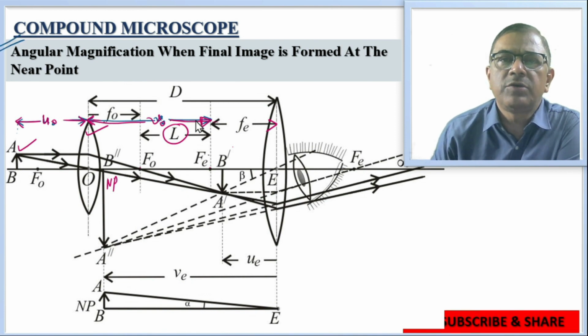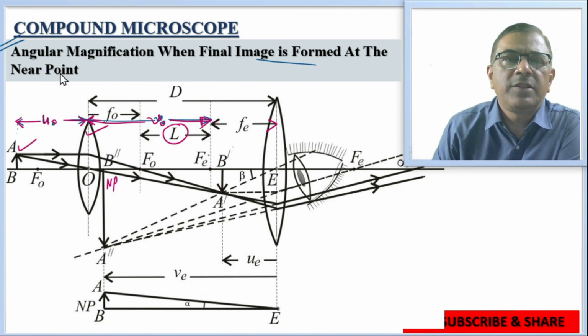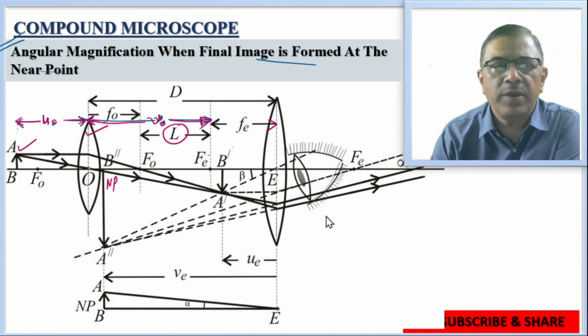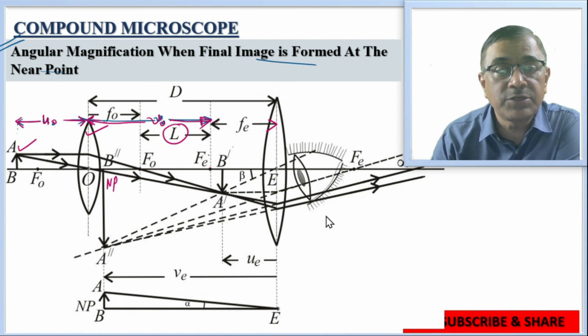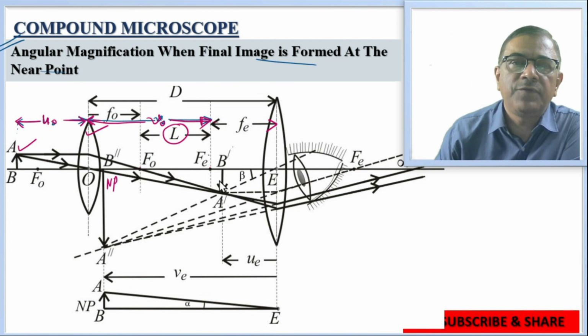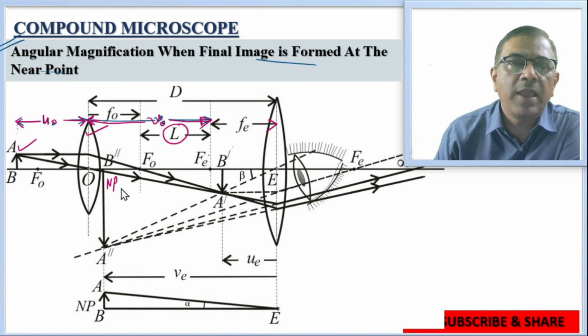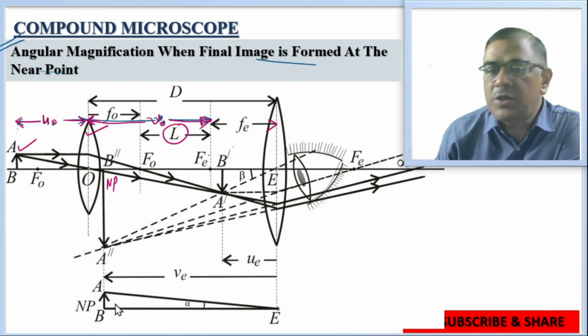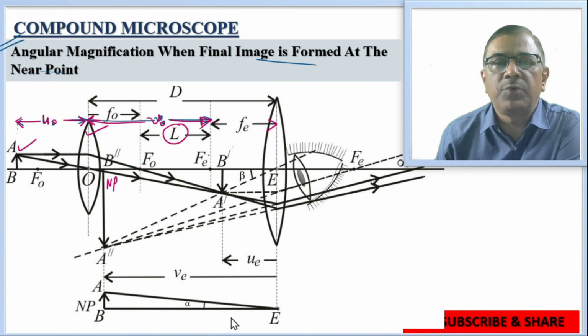Angular magnification of the final image which is formed at the near point basically tells you how big is the angular size of the final image formed at the near point with respect to the object also kept at the near point. Over here, beta happens to be the angular size of the final image formed at the near point, and AB happens to be the object also kept at the near point.